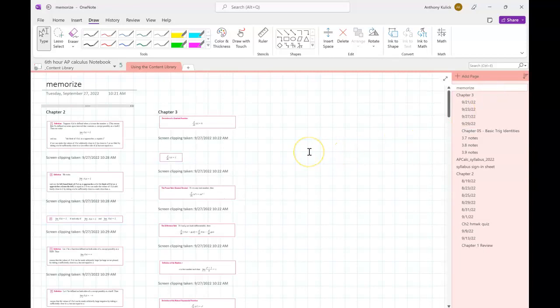And then I went and screen capped everything that was in a pink box in chapters 2 and 3, at least through chapter 3. I'll continue to update that. Some of this stuff is redundant, or you don't need all of it, but I wasn't being that discerning. I was just grabbing everything.